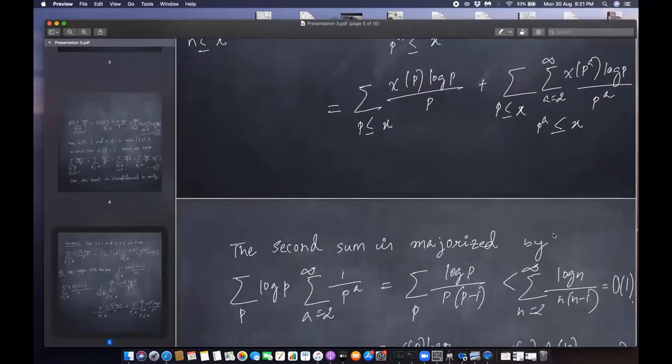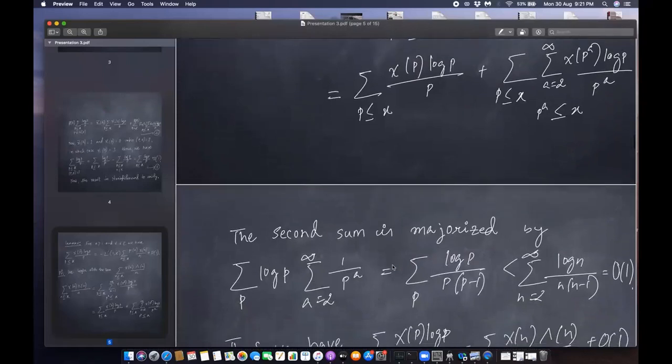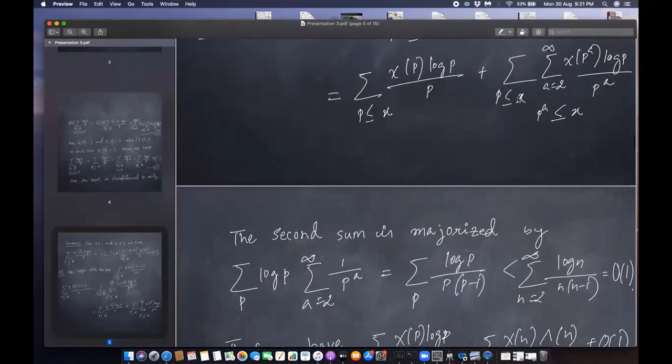Now note the second sum here. In the second sum we have chi of p to the a, and it is well known that the absolute value of a multiplicative character is 1, right?